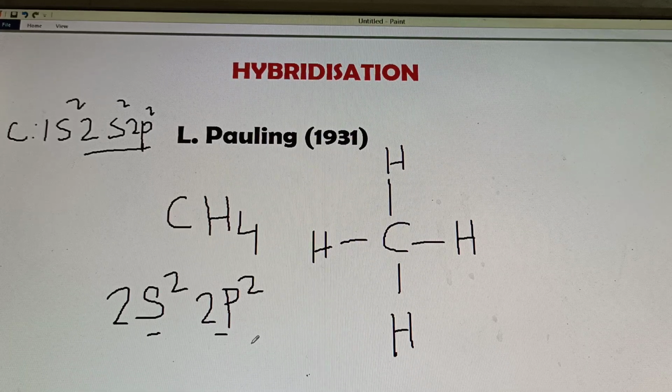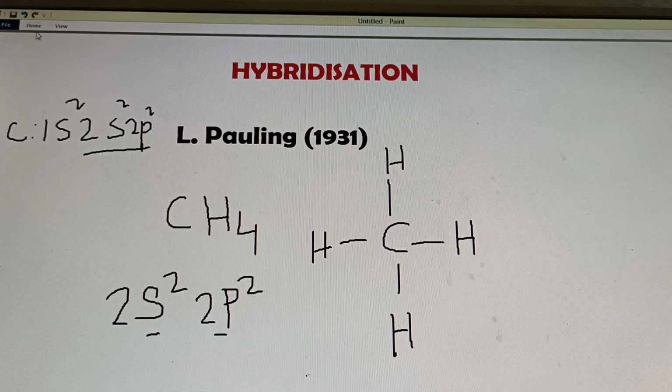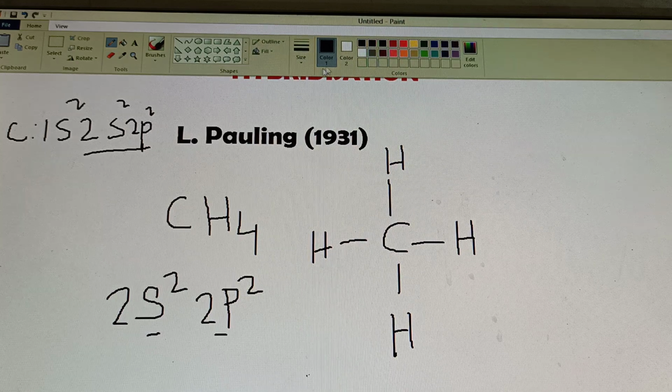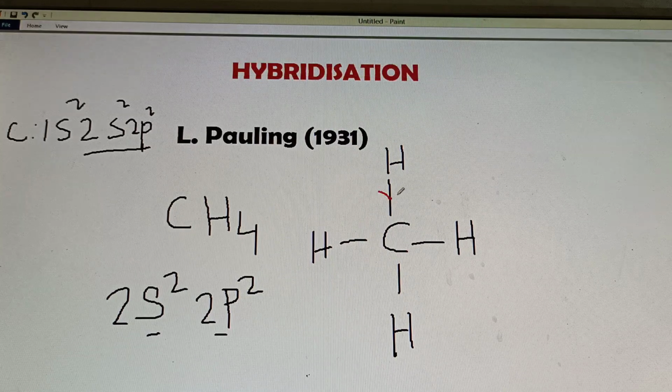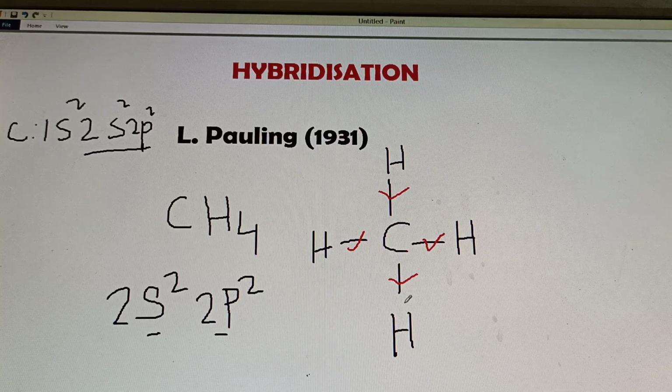But actually the 4 bonds of methane are equivalent, all having same bond length, same bond order, same bond strength. So it is only possible if mixing of s and p occurs.